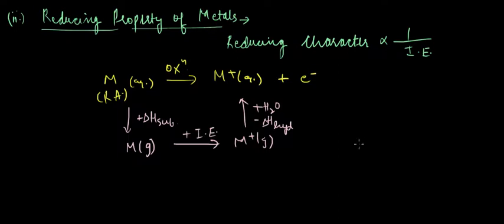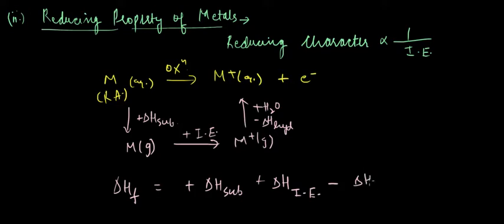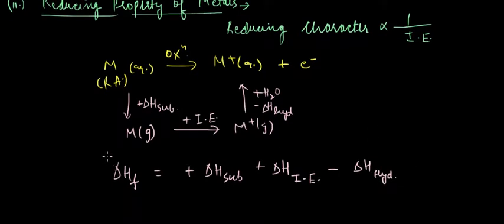So delta H f for the reaction can be written as, for this complete conversion from M aqueous to M plus aqueous, plus delta H sublimation from M aqueous to M(g), then delta H ionization energy, to convert M(g) into M plus (g), minus delta H hydration, which is released when M plus (g) is converted back to M plus aqueous.